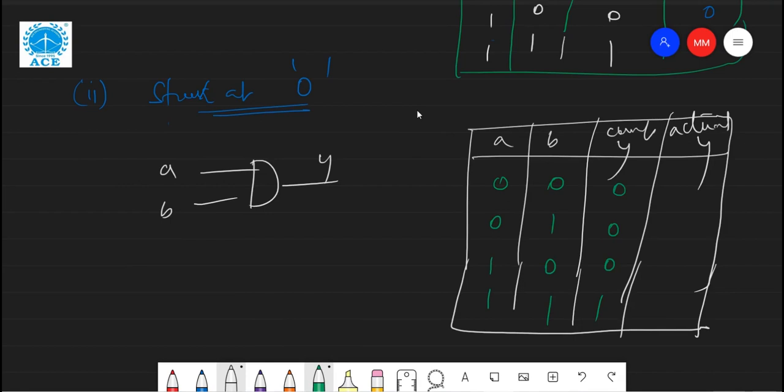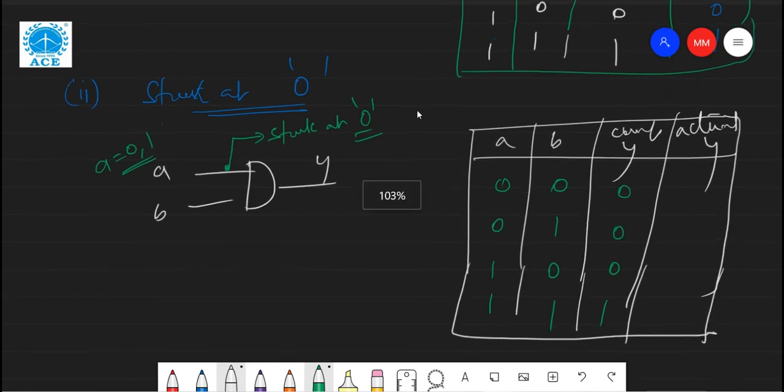Okay, now in this case again I am saying here, stuck at 0, logic 0. So whatever the value of A, either 0 or 1, doesn't matter. All the time this input of an AND gate will be 0.